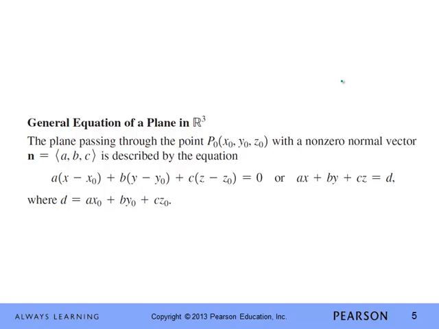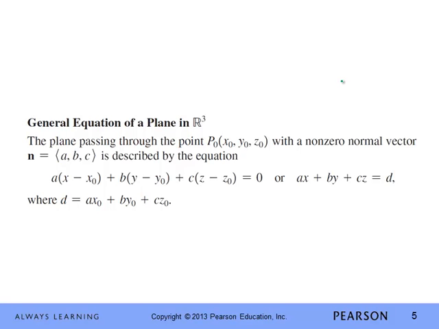So now, if you are given a normal vector, any normal vector will do, then write the components of your normal vector for a, b, and c, and then write the coordinates of that one point that's on the plane for x naught, y naught, z naught. Throw them in there, simplify that algebraic expression, and boom, you've got the equation of your plane.